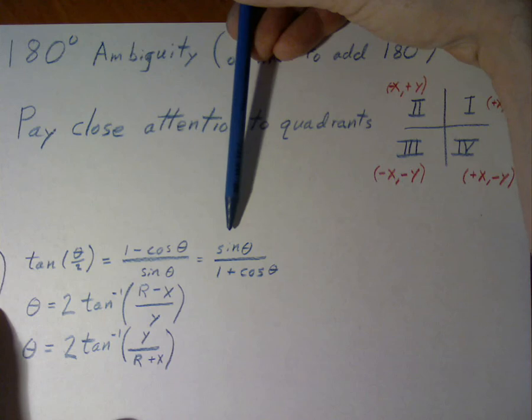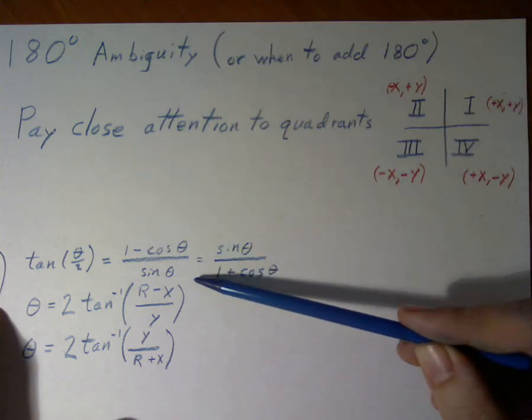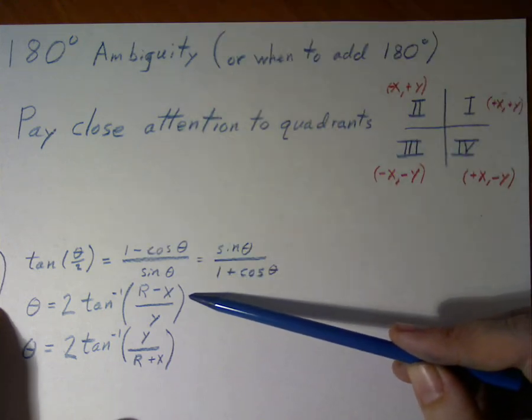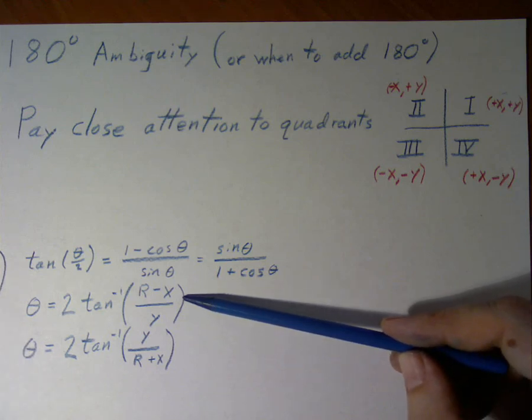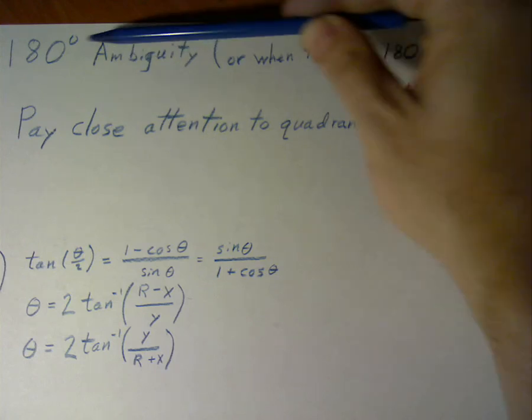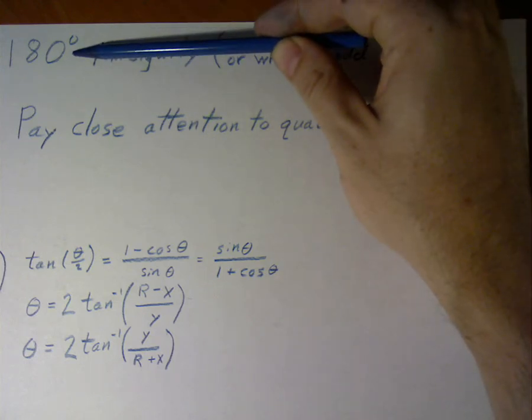If we rewrite each of these formulas, we can get an expression for theta that has no ambiguity with regards to which quadrant we're in.